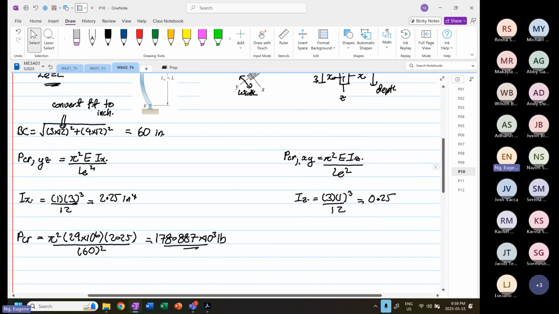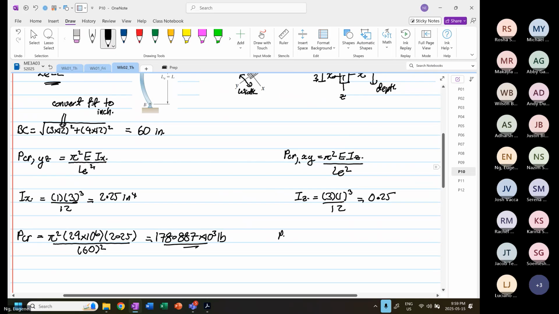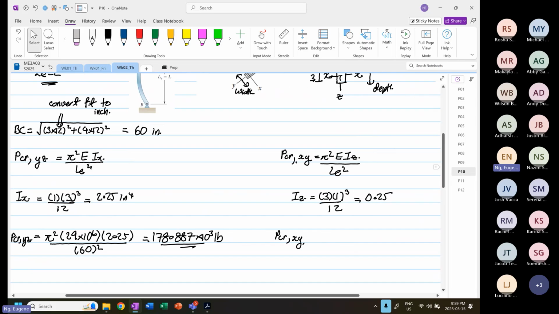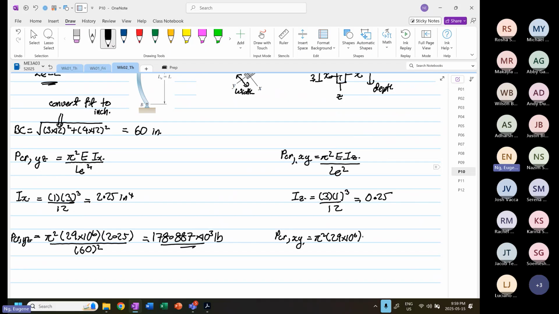So from here, our PCR for the XY plane, I'm almost done, okay. This will be equal to pi squared times 29 times 10 to the power 6 times 0.25, in inches to the power 4.